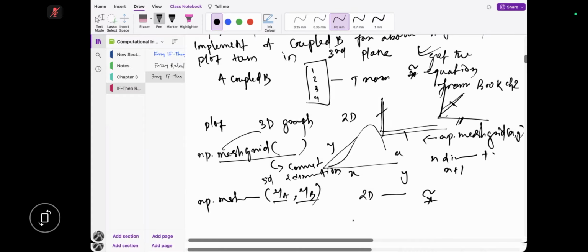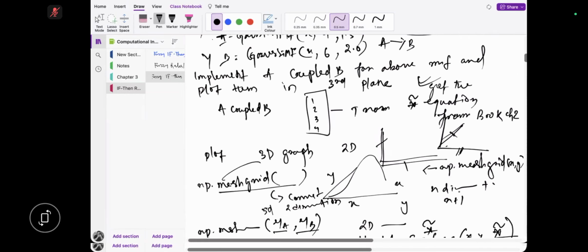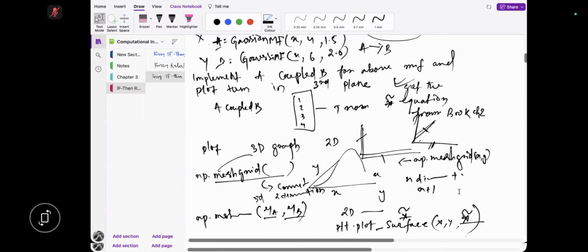In order to plot them in 3D, you have to use plt.plot_surface. The first parameter is x, the second is y, the third is the mu value, or you can say the T norm value. There are 4 different T norms. You apply all 4, and it will be visible. I hope you understand the question.